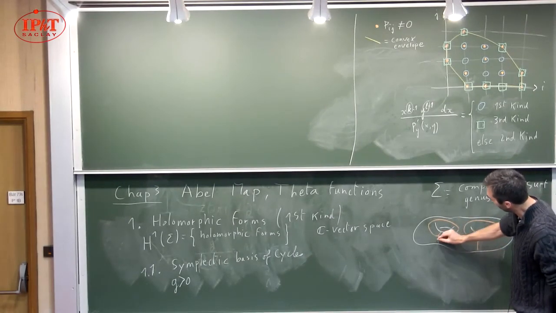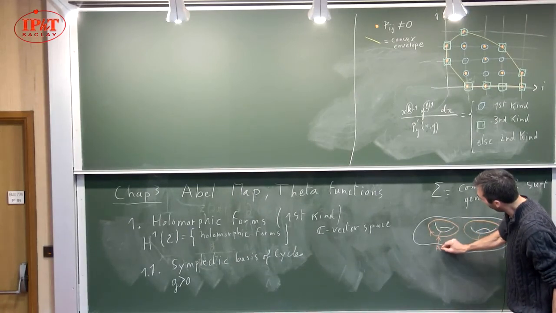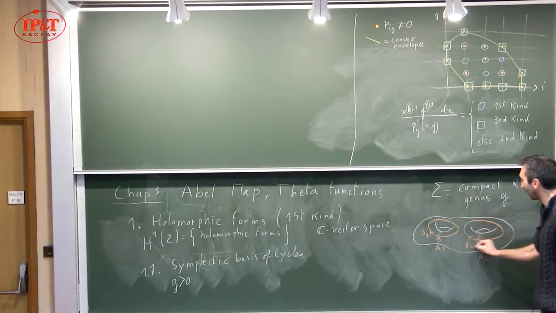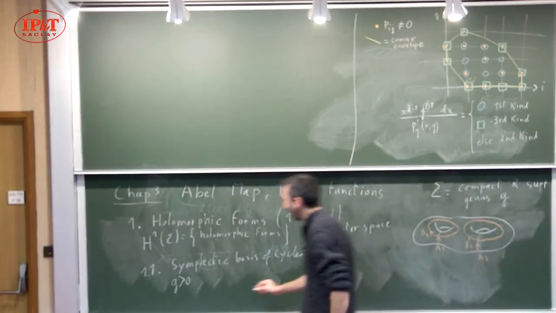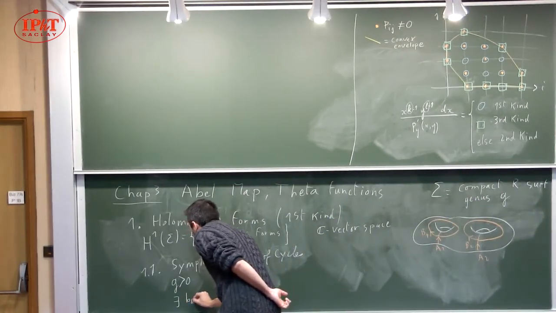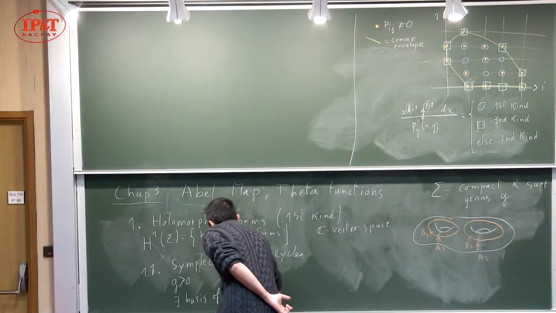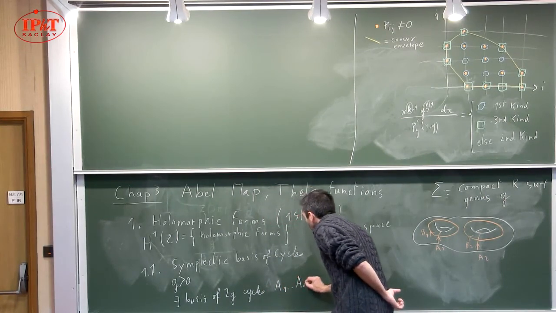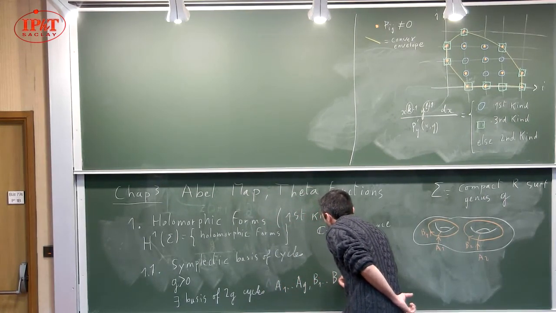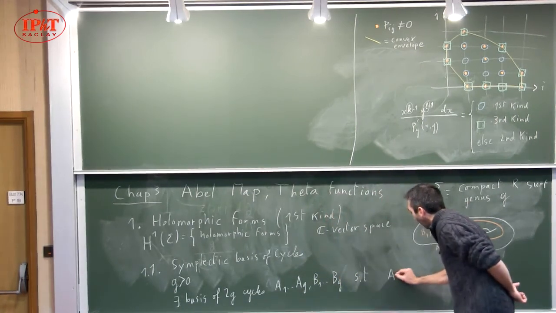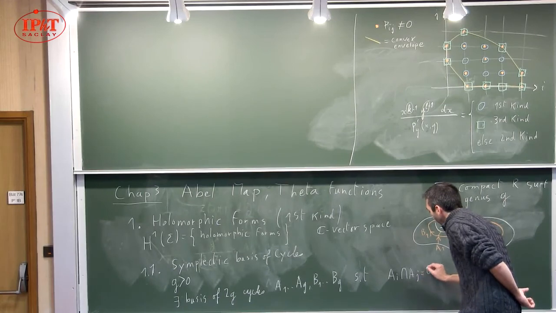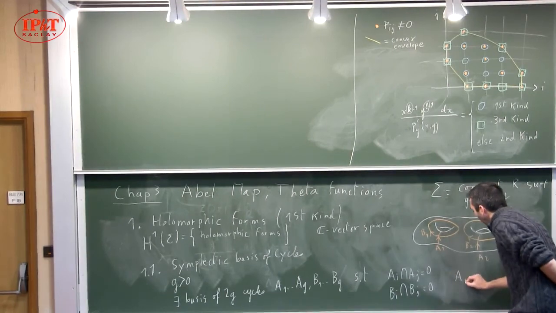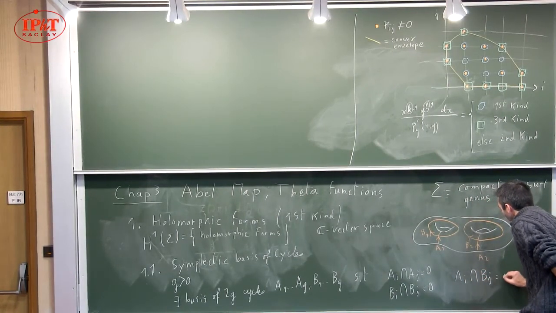I will give names to them: A1, B1, A2, B2. What characterizes them? There exists a basis of 2G cycles, A1, ..., AG, B1, ..., BG, such that AI intersect AJ equals 0, BI intersect BJ equals 0, and AI intersect BJ equals delta IJ.